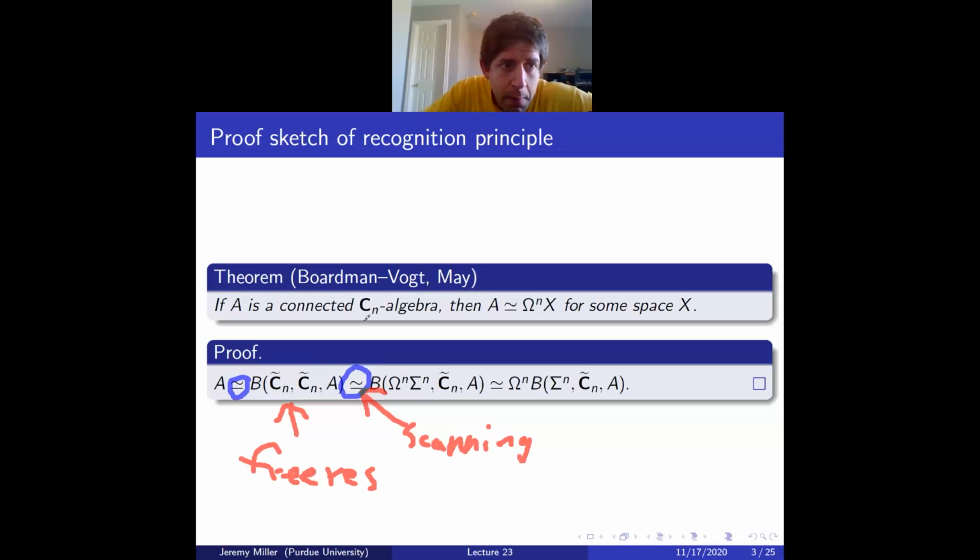We talked about the scanning map before, but this step is going to be about that. If you have a homotopy equivalence on the space of p simplices, then you have an equivalence on geometric realizations.